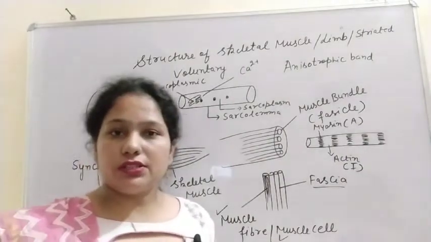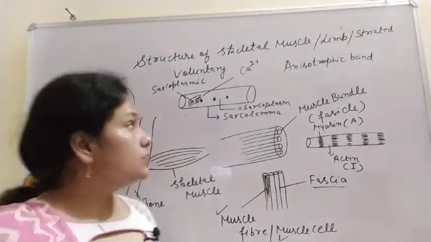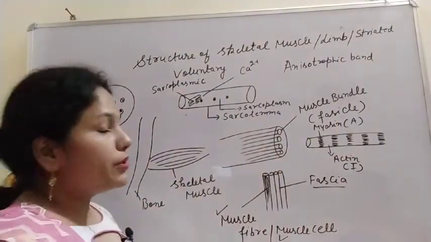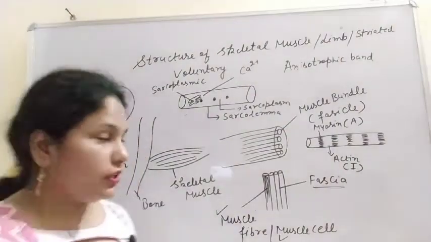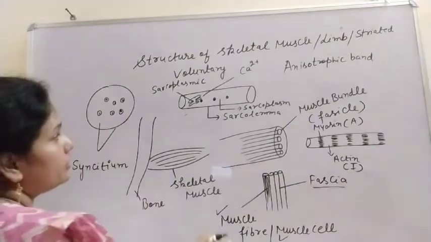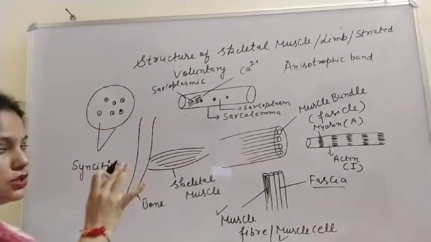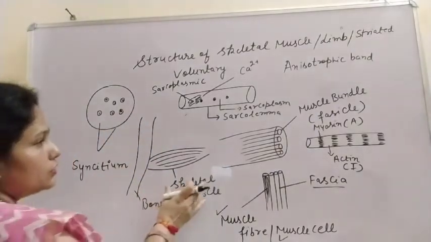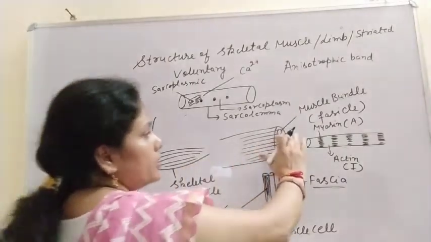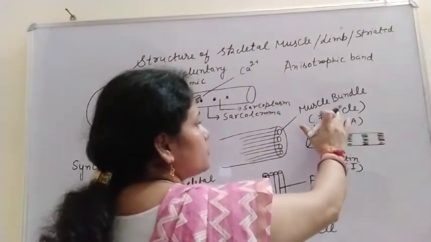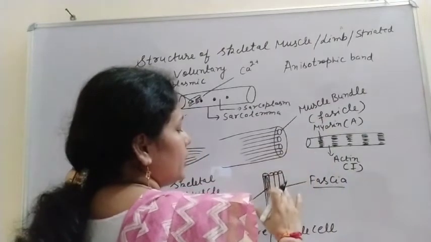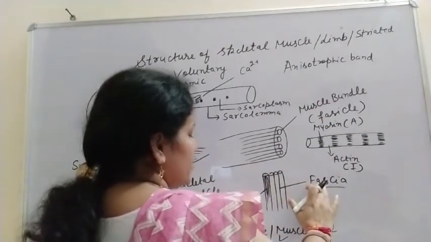So what is there in the skeletal muscles? The isotropic and anisotropic bands are there, and before that these skeletal muscles have muscle bundles known as the fascicles, and these muscle bundles are joined by a connective sheath known as fascia.